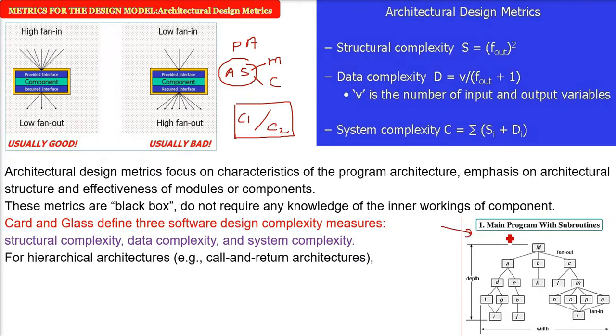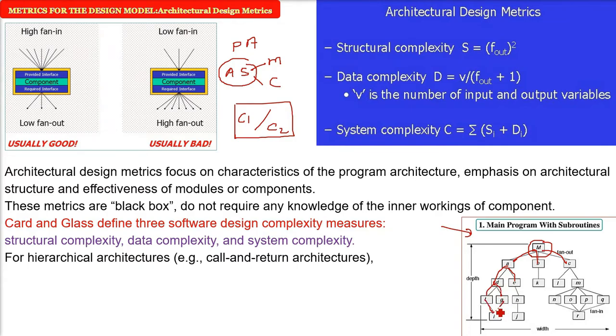So here we have a call and return architecture. That is, the main module or main function is going to call certain functions. Those functions are going to call again some functions. This is a hierarchical architecture. We have a proper hierarchy here.